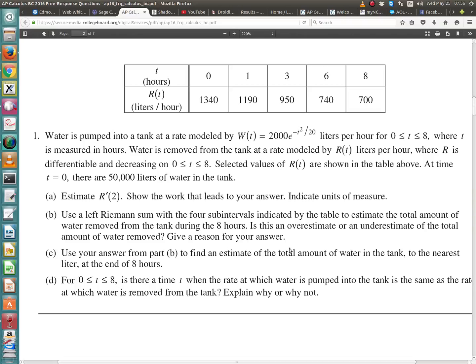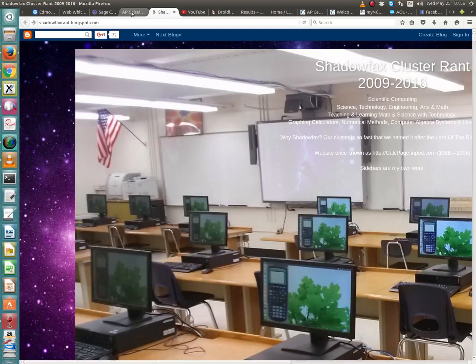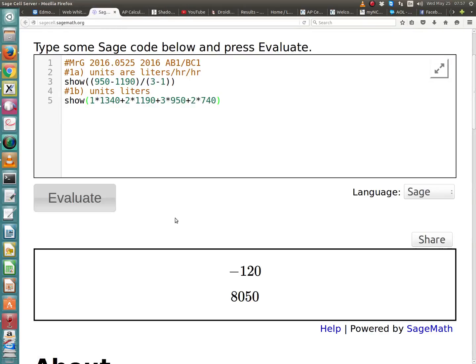Okay, C. Use your answer in part B to find an estimate for the total amount of water in the tank to the nearest liter after 8 hours. What does that mean? Well, we started with 50,000 liters apparently, right? And we just lost how many? 8,050. But we're also gaining what?